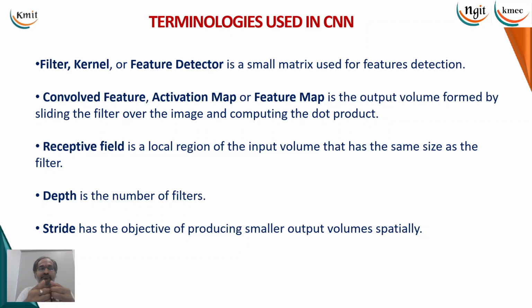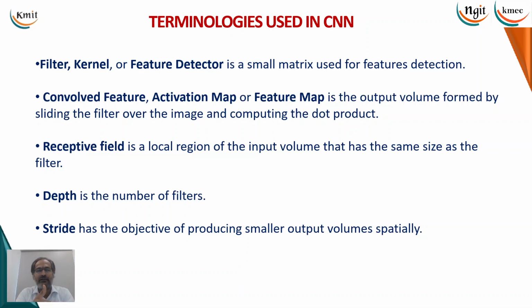Then the convolved features: once the 3 by 3 kernel moves over the image, we get some output. That output is called the convolved feature, also called the activation map or the feature map. There are several terminologies used.